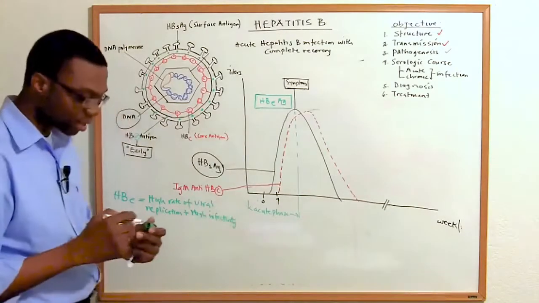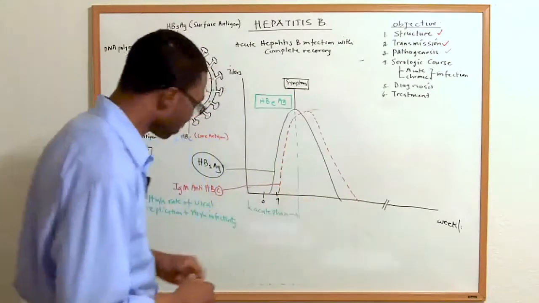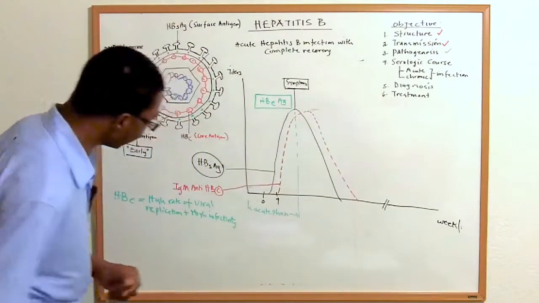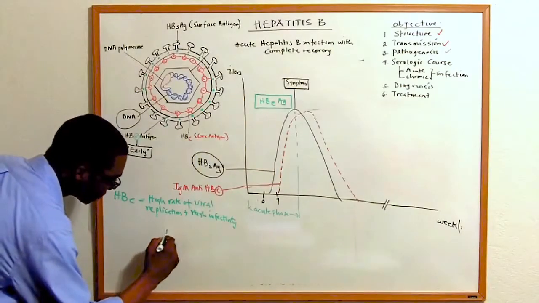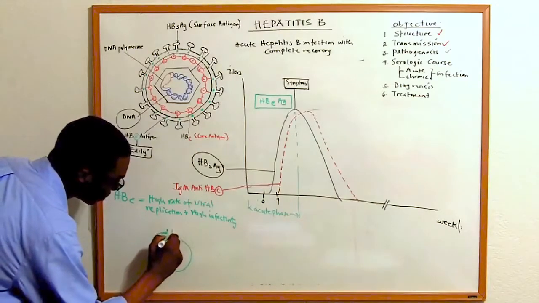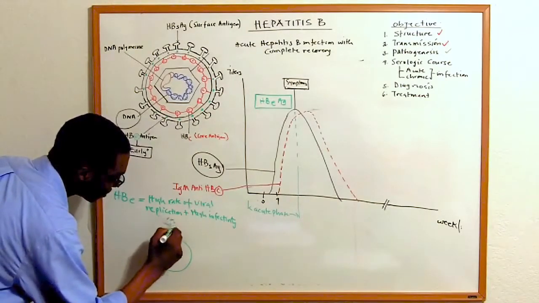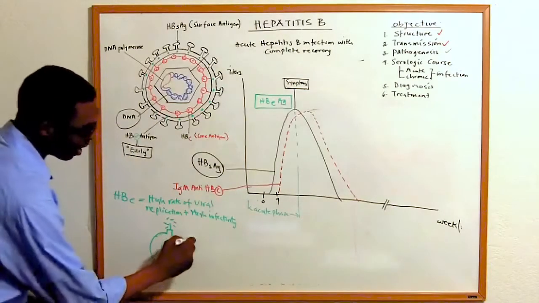Now, how do I remember hepatitis B E antigen? Well, let me draw exactly what it looks like for real. It's actually a bomb. This is the E antigen. See that? That is a bomb.